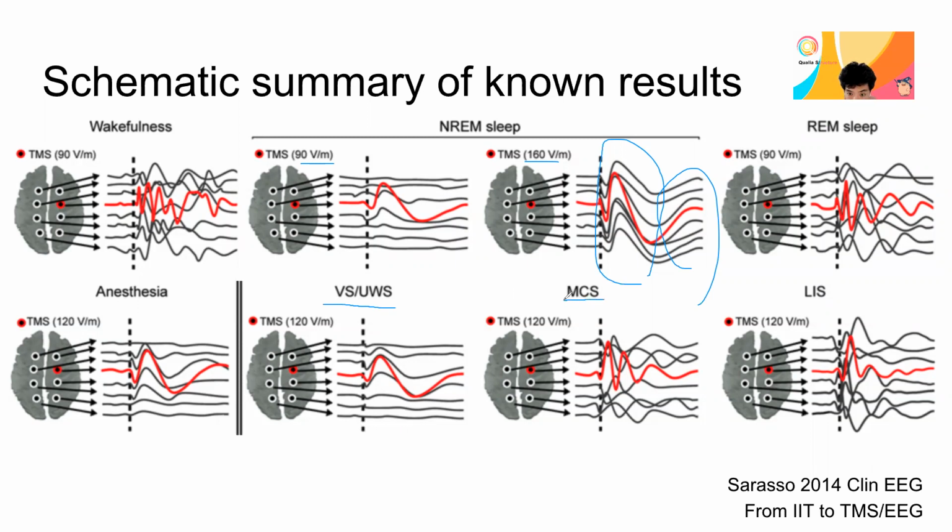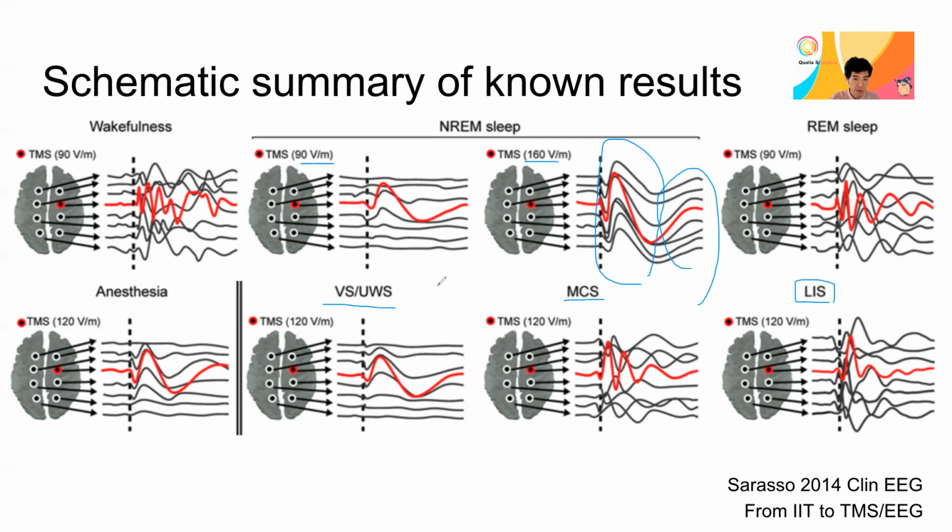Minimally conscious patients, such as those who can actually imagine things and make some kind of meaningful response, although from the outside it's almost indistinguishable from the vegetative state patient, are like wakeful patients. And then locked-in syndrome patients, who are able to communicate with eye movements and blinks and so on, are, of course, similar to wakefulness patients.